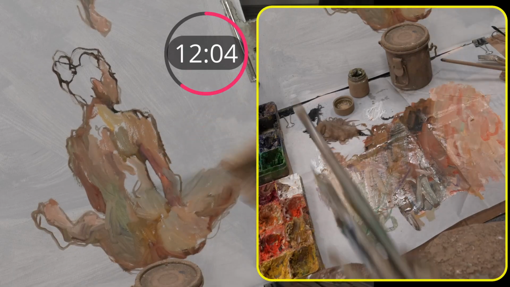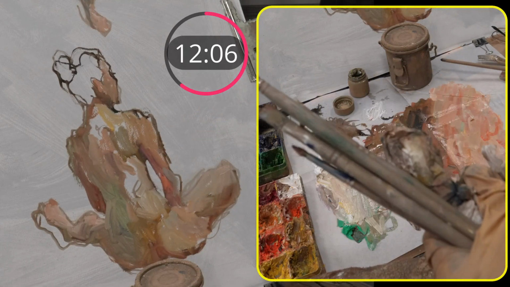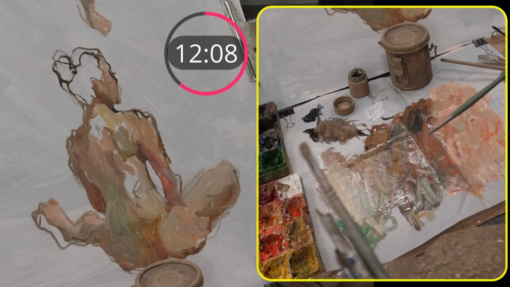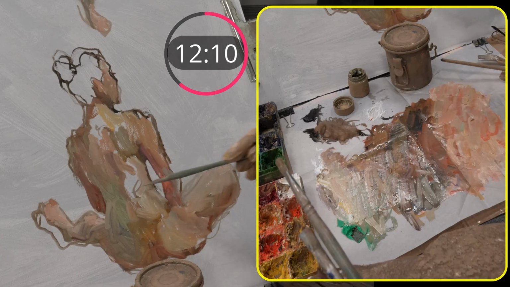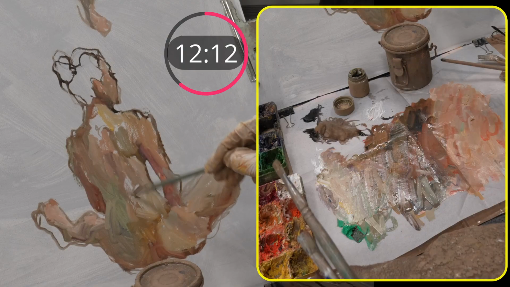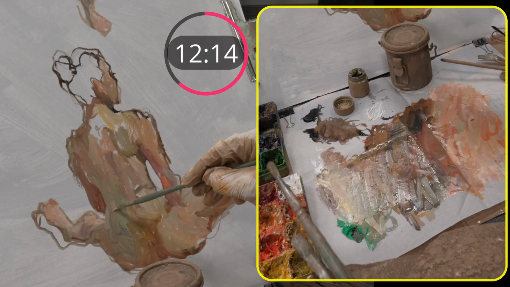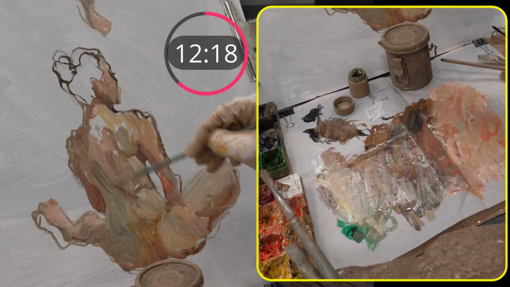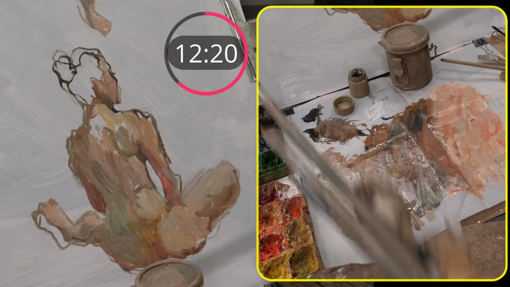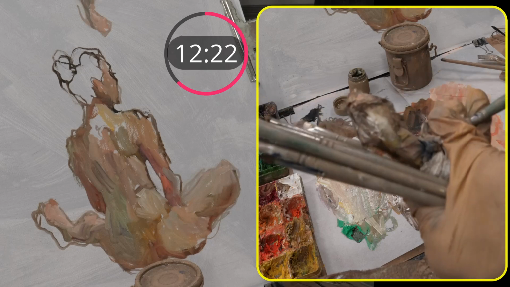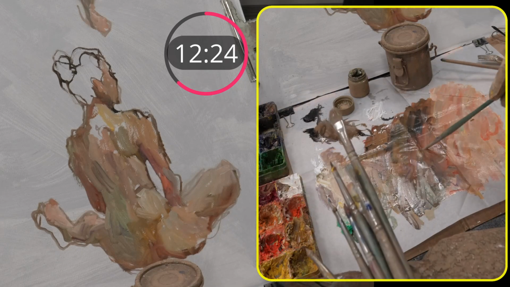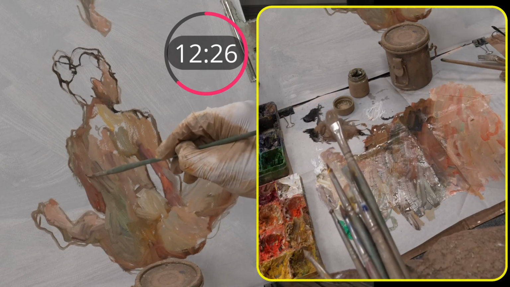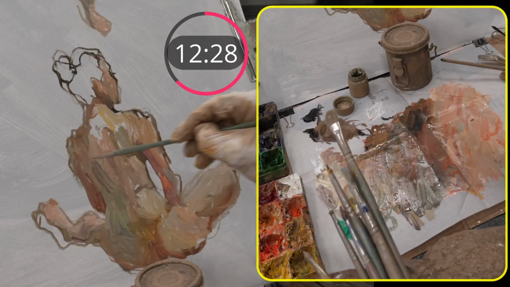And the traps go across as well, so you get the function of the shoulder. There's the scapula there, just showing itself at the top there. Just up there as well.